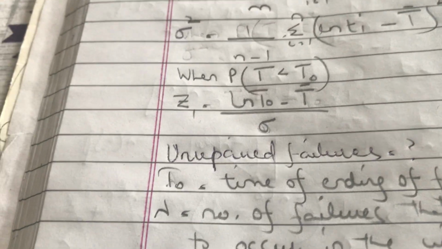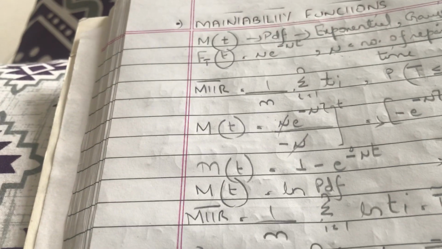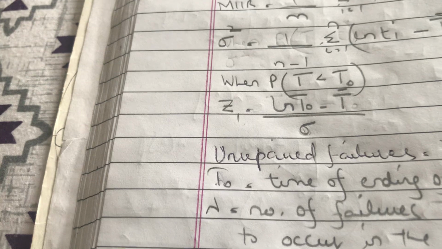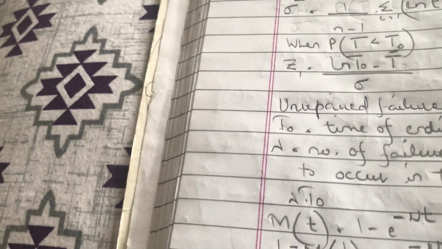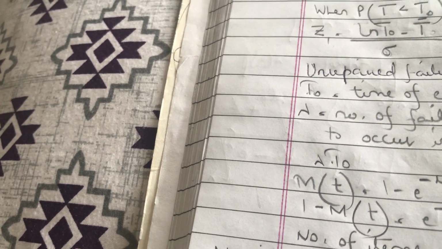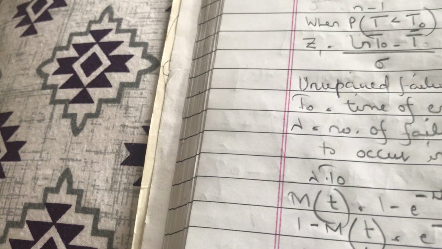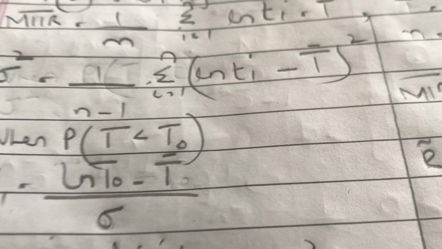So now we are going to find the items that are unrepaired, because you know that maintainability is the probability of repairing a failed component. So first we have to find which components have failed and are unrepaired, so that we can apply the maintainability function and repair them. So it is necessary to find the unrepaired components first.